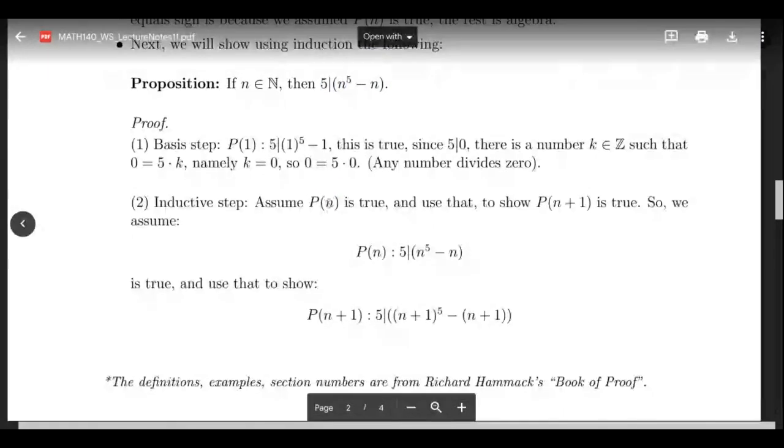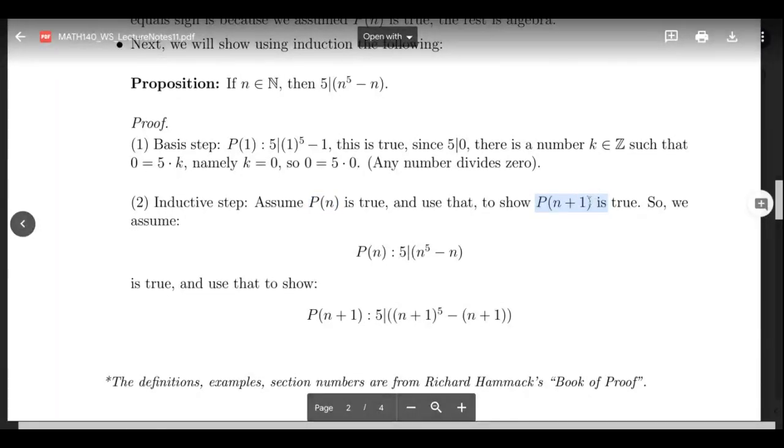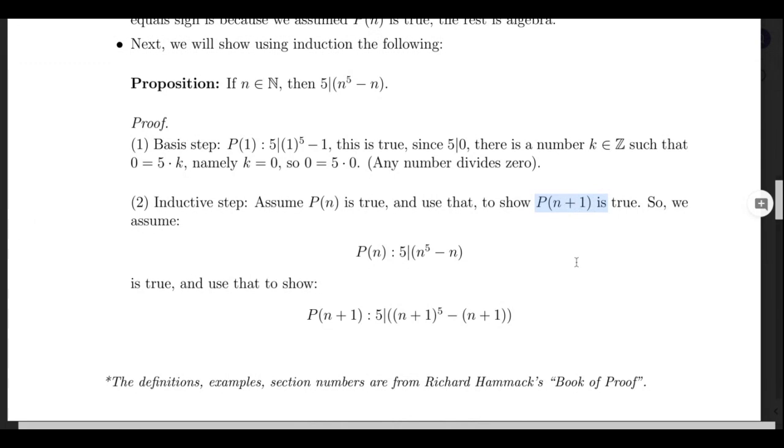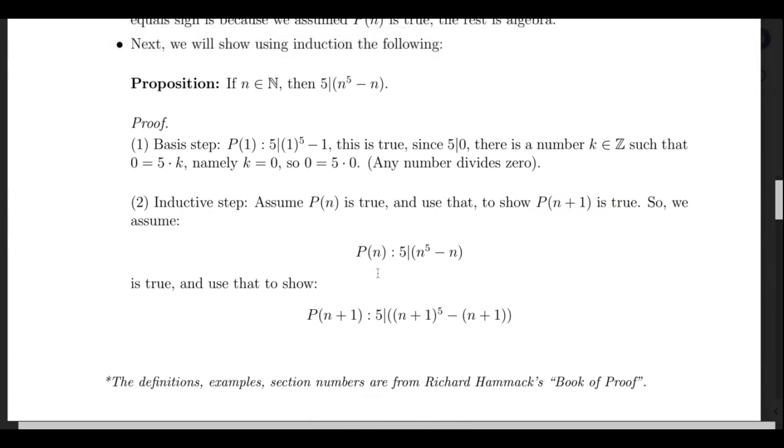I would say assume P of k is true, then prove P of k plus 1 is true. Okay, don't get confused with those n's, all right? They're just a variable. But normally, if I do this lecture notes, I would use another variable.